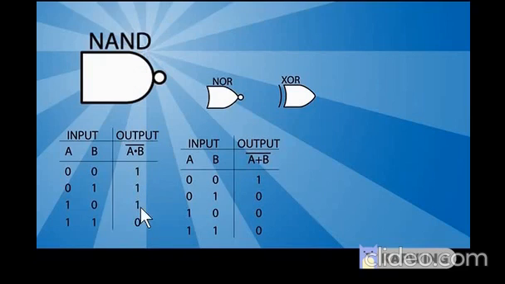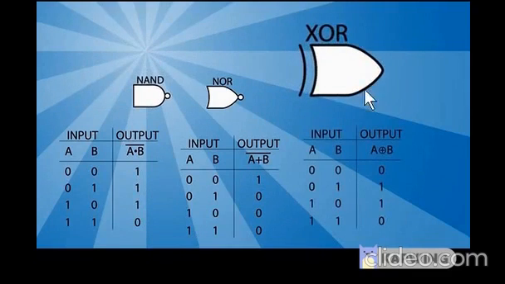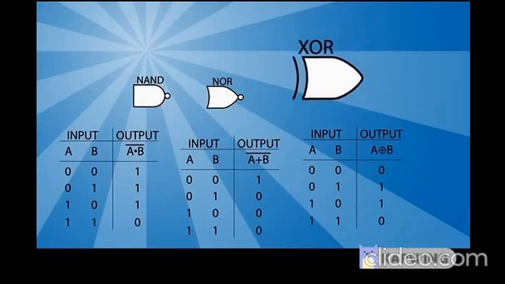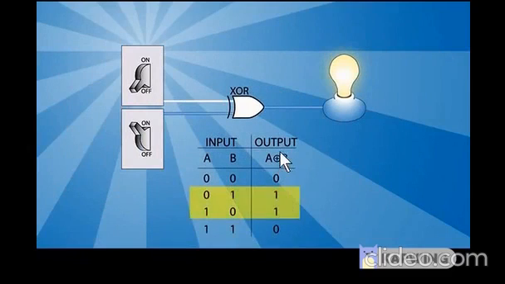Then comes the last type of gate, which is called the XOR gate. XOR gate, or exclusive OR gate, is an OR gate with a bar in the beginning. Its symbol is a plus sign with a circle surrounding it.